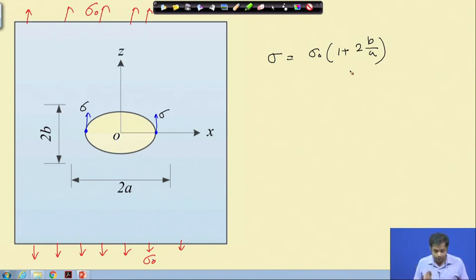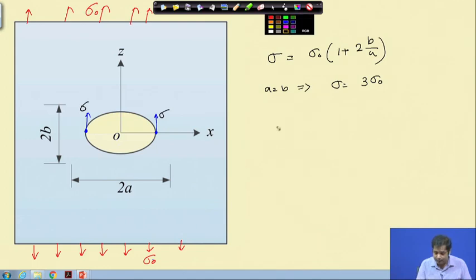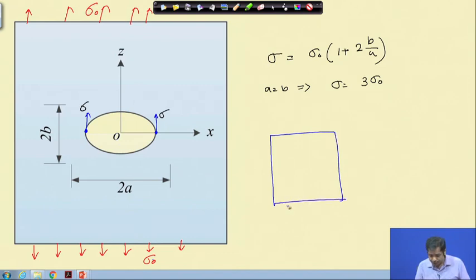Now, if a is equal to b, then what do we have? If a is equal to b, then sigma is equal to 3 into sigma 0. It means that if we have a plate with in-plane loading, but the plate has a circular hole, then the stress at this point, if this is sigma and these are sigma 0, will be 3 times sigma 0.